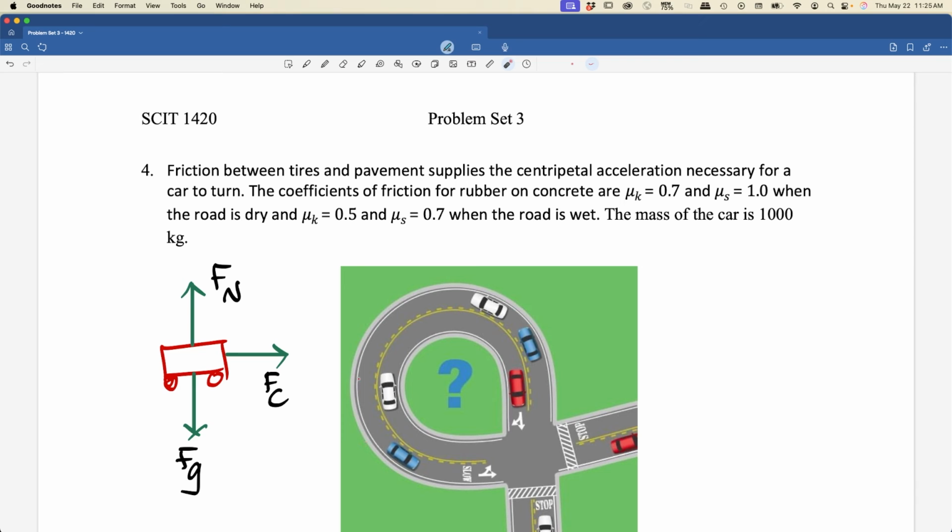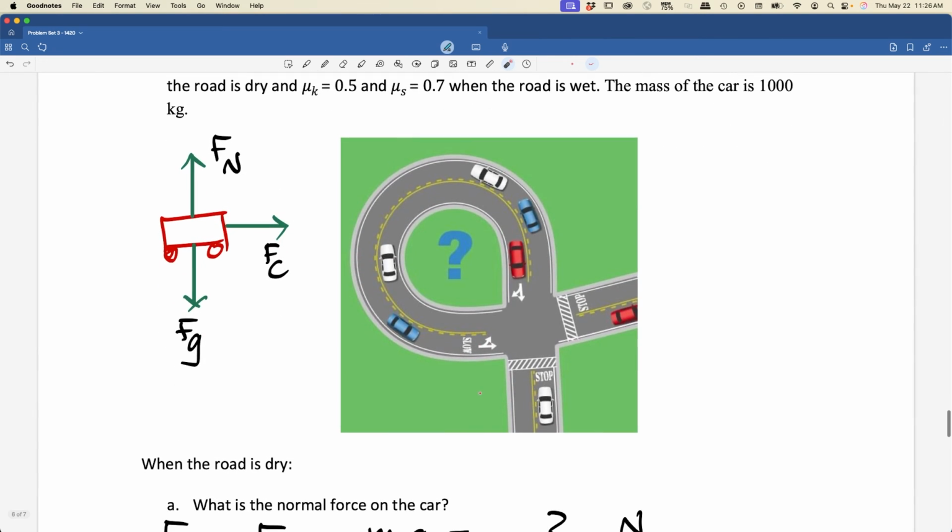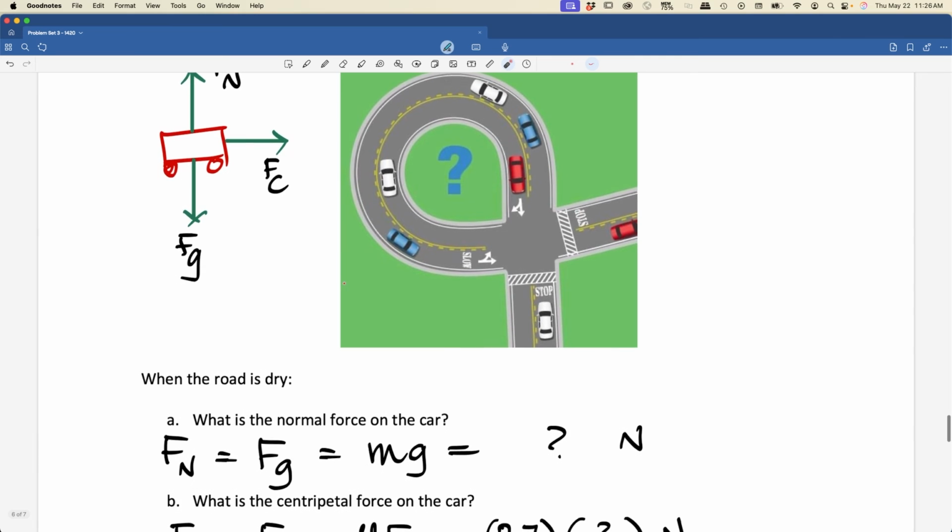And then the other 2 forces on this car are, one is its weight, okay, shown here, vertically down. And the third force is the reaction on the road. There, that's shown here. Okay, so those are the 3 forces acting. What is the normal force on the car? Normal force is the reaction, which is the weight of the car.